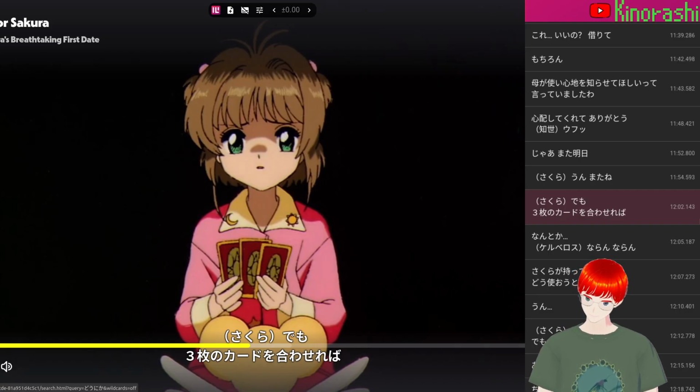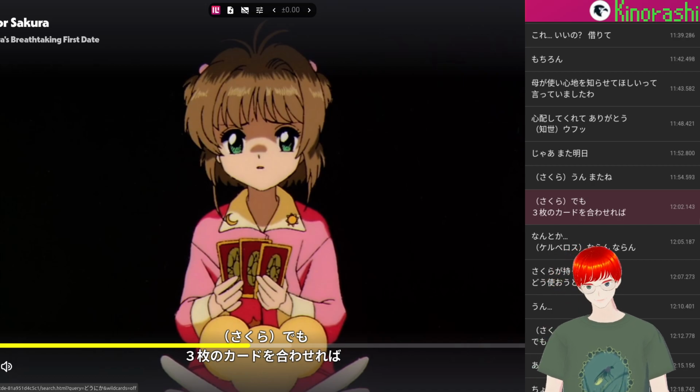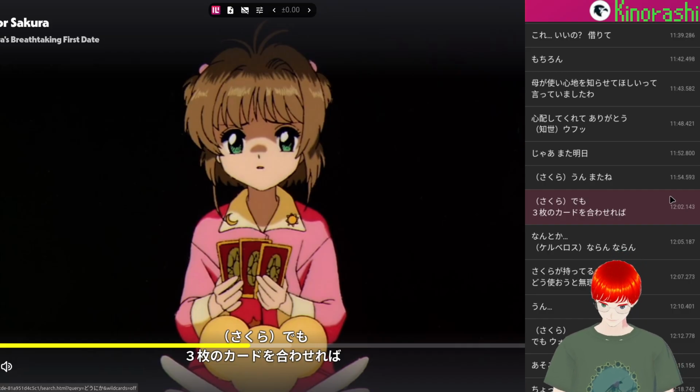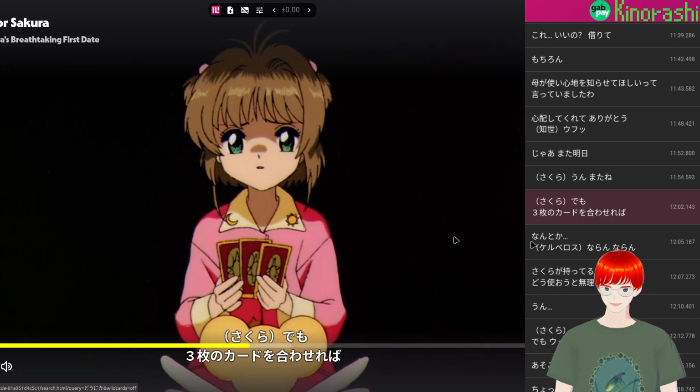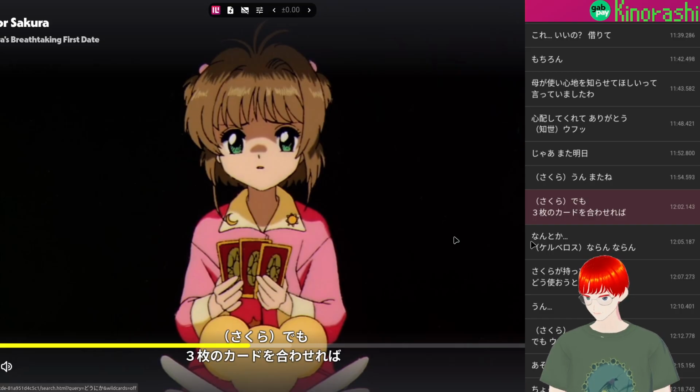So if I'm able to match でも3枚のカードを合わせれば. Oh, that's right, they usually shorten this for 合わせればいけません.